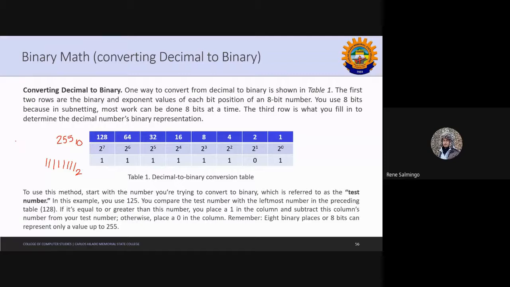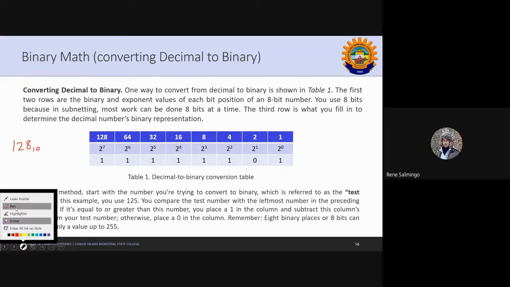How about if you convert 128, decimal to binary? You have only 1 because you have 128 here, and the rest are 0, 0, 0.